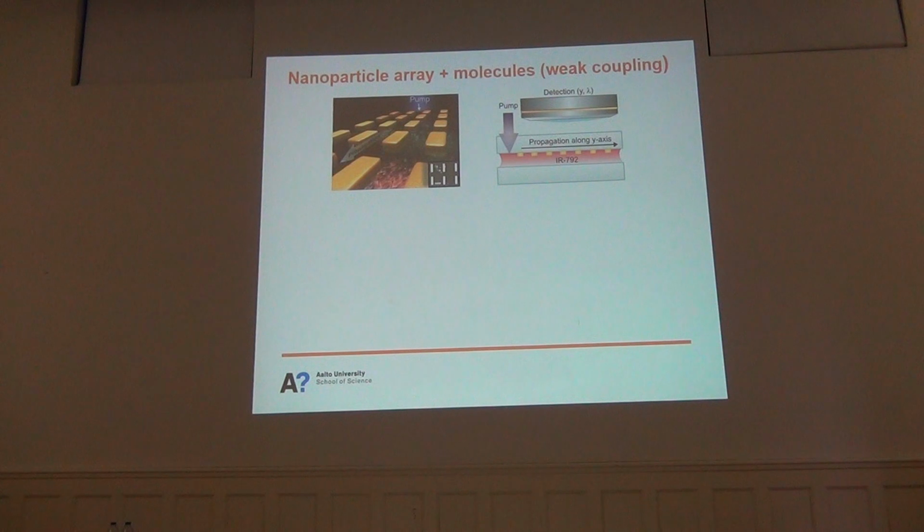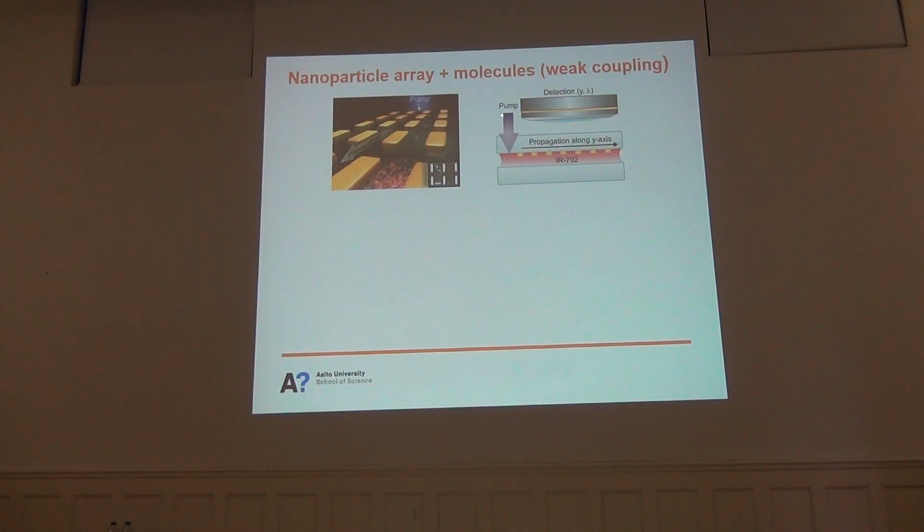So let's take a closer look at our experiment. This is a schematic of the sample. We have an array of gold nanoparticles, and we put the fluorescent molecules on top of the array, in a liquid solution.